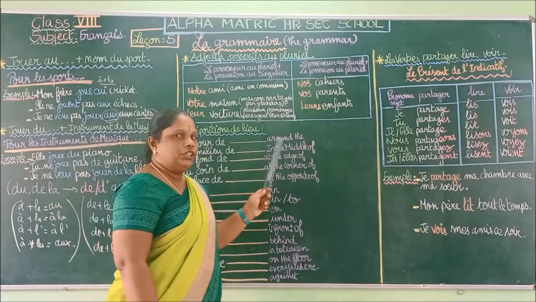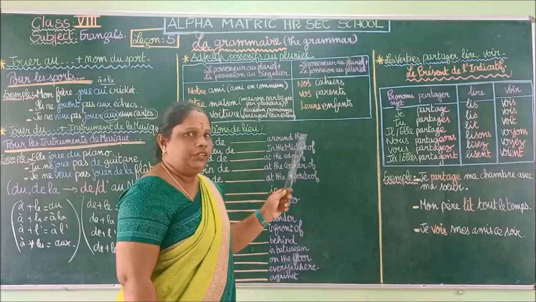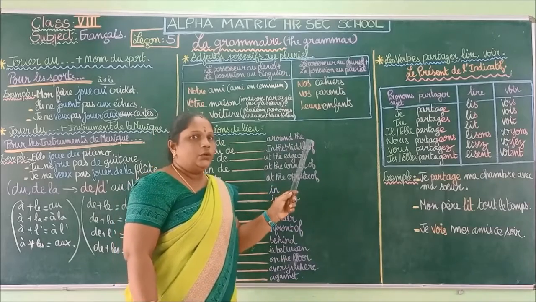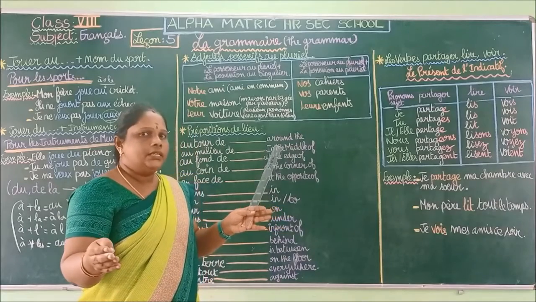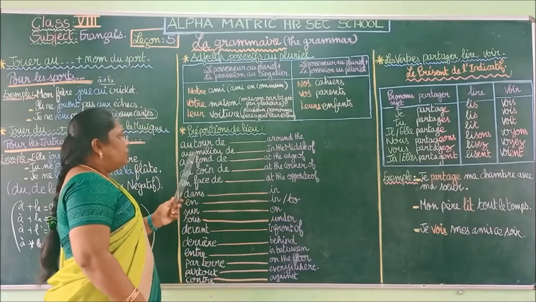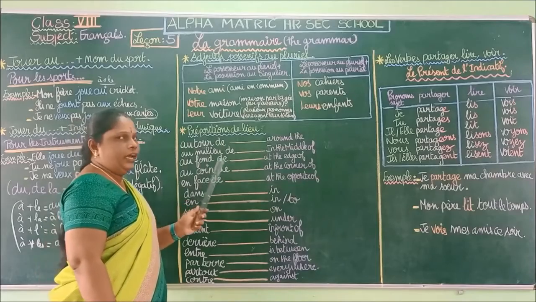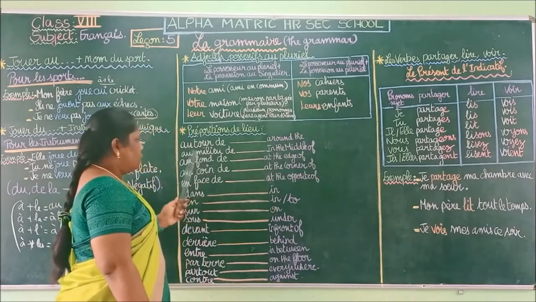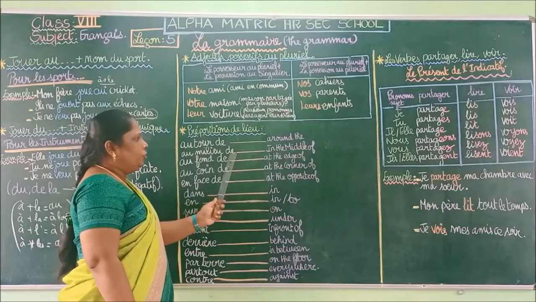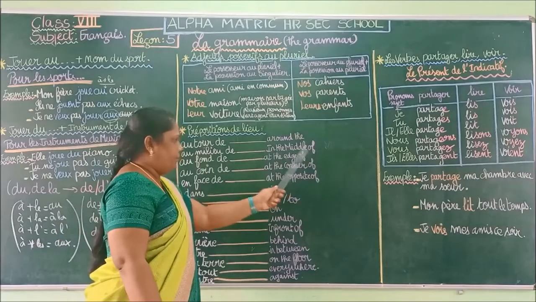So ils ont une petite pépinière. What is pépinière? Nursery. They have many plants. So pépinière means nursery. Okay. So au milieu, and they have a garden, a small garden. Okay, around the house.